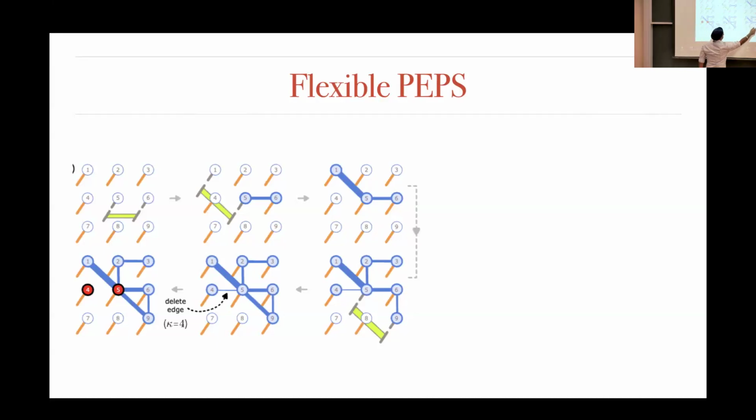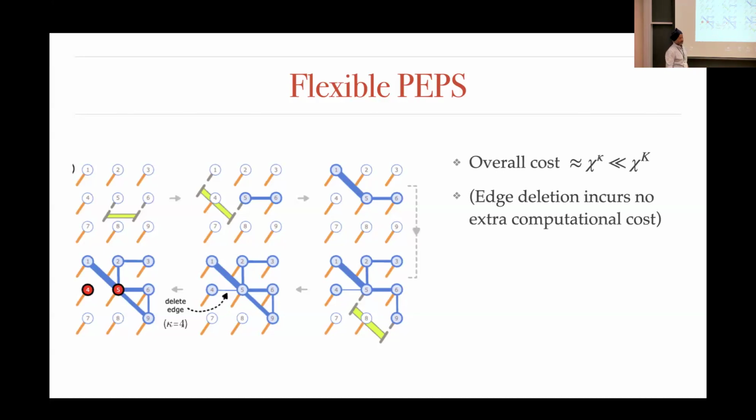And these gates add edges, and at some point you have more than kappa edges. So we introduce some edge deletion strategy here to remove this edge. Okay, so the overall cost of this algorithm is now going to be chi to the kappa, which is much smaller than chi to the K. And what's more is that this edge deletion strategy does not incur additional cost.